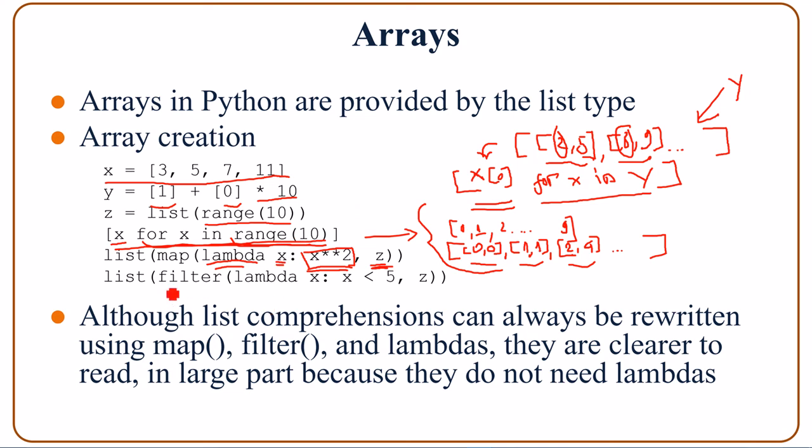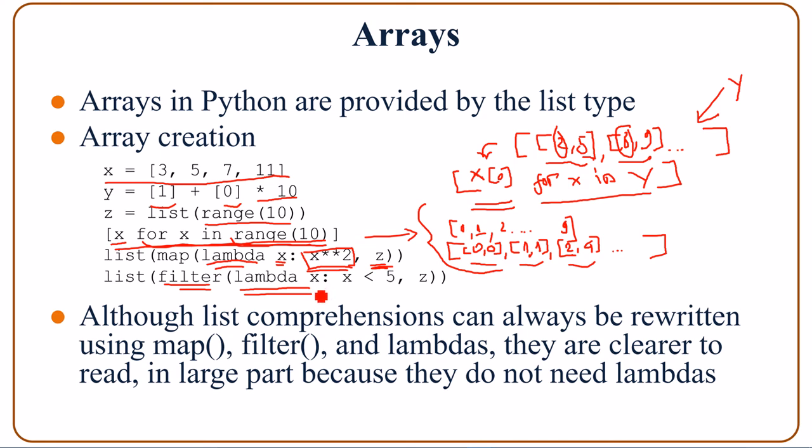Filter. The syntax of filter is very much like map. You specify a function. You can also use a lambda function if you don't want to specify the name of the function.